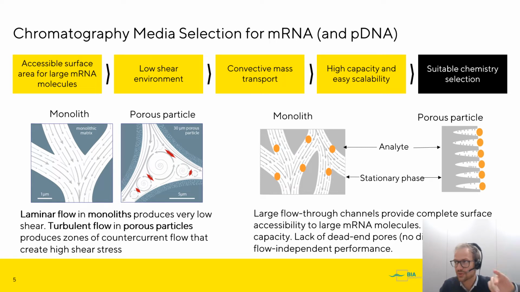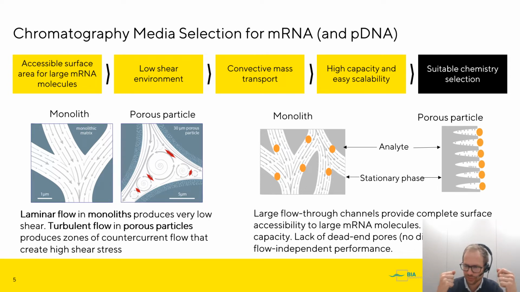And the sides of these channels are modified with suitable ligands. And I shall speak more about the selection of ligands available for purification of mRNA. So that is the size of available binding site. And second is mass transport. So we do not want diffusion to play a role.